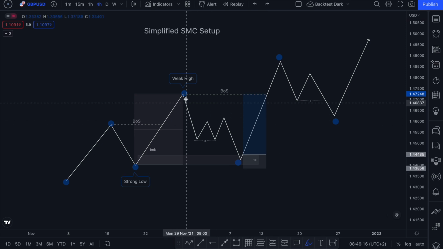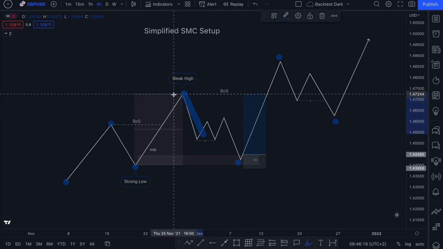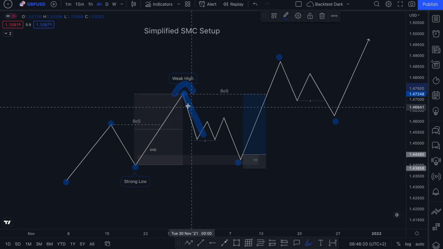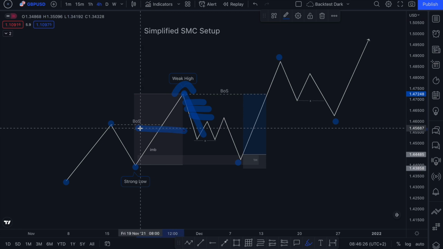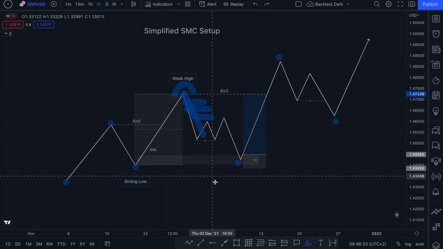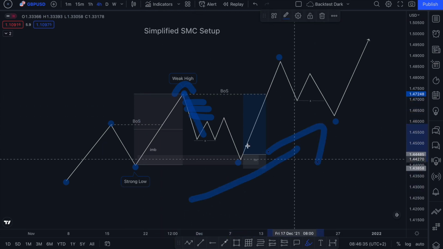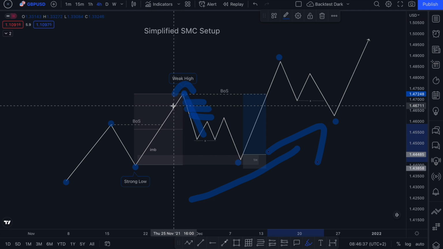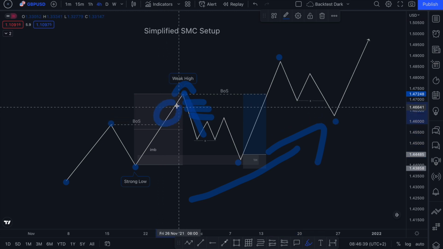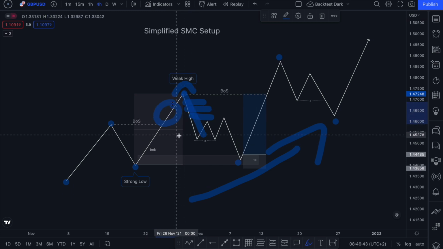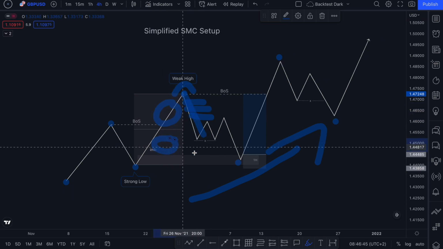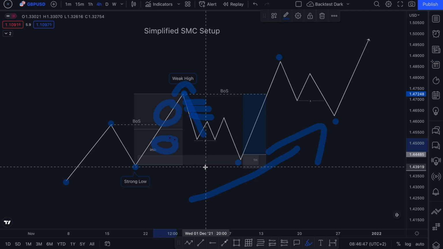Now remember, as price action pulls back from this weak high, okay, there will be trading opportunities that set up on your lower time frames within premium pricing, okay? But because we are bullish here overall, it is not advisable to be looking for buying opportunities in premium pricing. We want to wait for price to pull back towards discounted pricing before we look to buy.